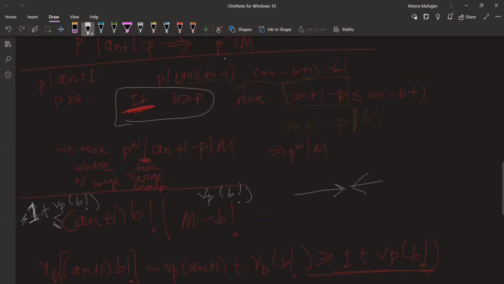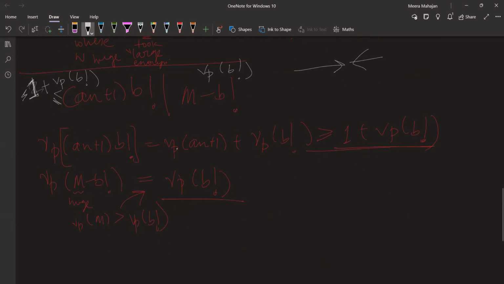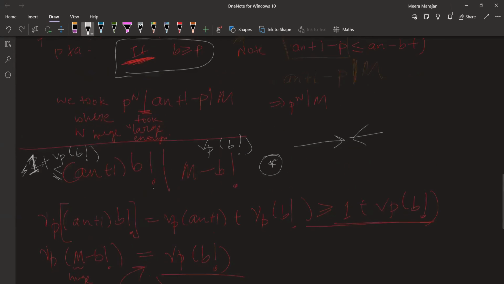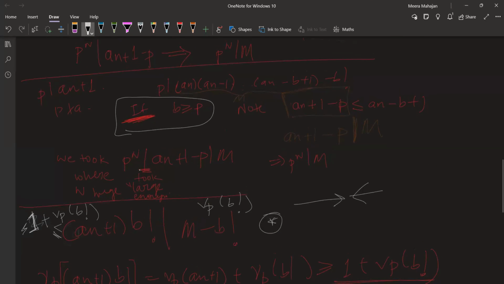And the motivation to take this was if B is smaller than P, then P does not divide any of these terms. So we can't really enforce some nice information from our star equation.